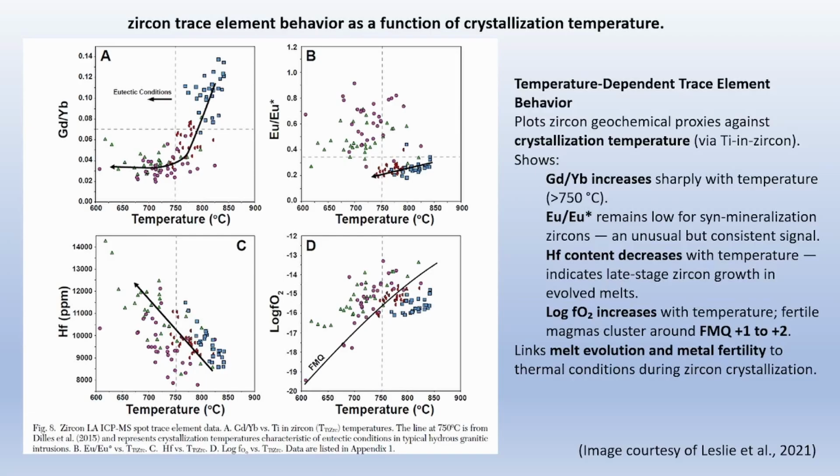These magmas formed zircons with low hafnium and rising gadolinium/ytterbium, and they're tracing a path through fractionation, oxidation, and fluid saturation. Meanwhile, the cooler magmas show less REE fractionation, lower oxidation, and almost no sign of metal potential.